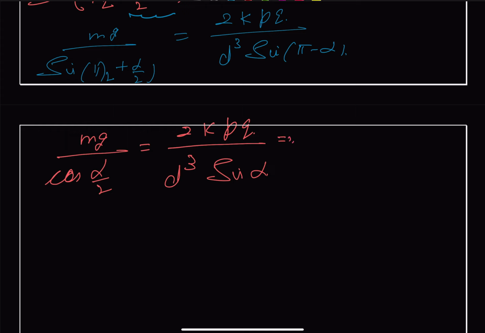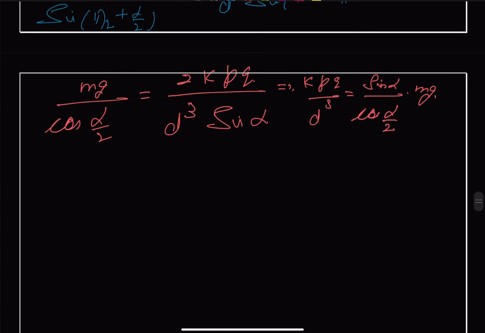So we can write kpq upon d cube is equal to sine of alpha divided by cos of alpha by 2 multiplied by our mg. And I forgot one thing, that is our 2.